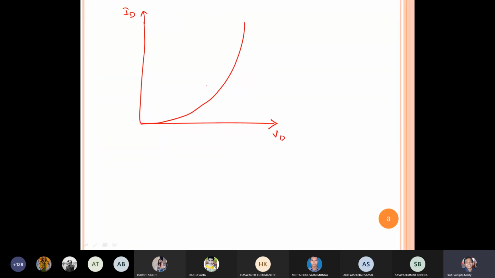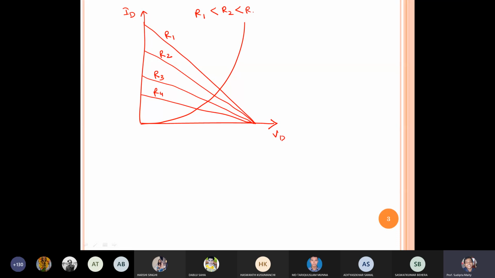Because of that, if I draw lots of curves, drawing electronically is very difficult. So these will be my corresponding different load line curves, where R1 is less than R2, less than R3, less than R4, and so on.